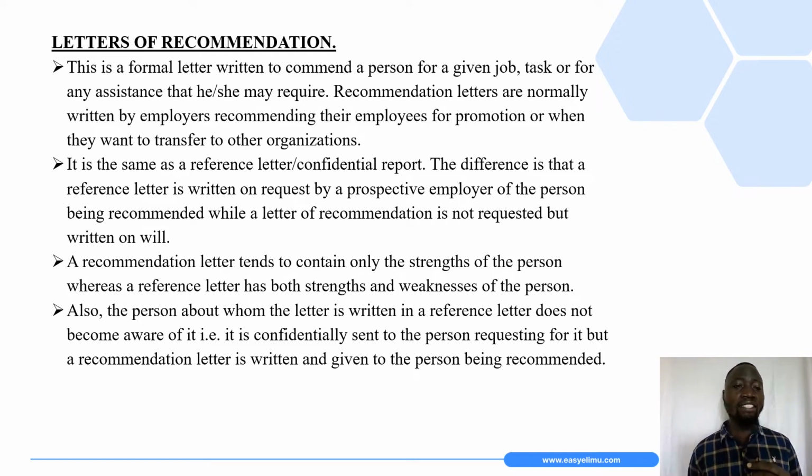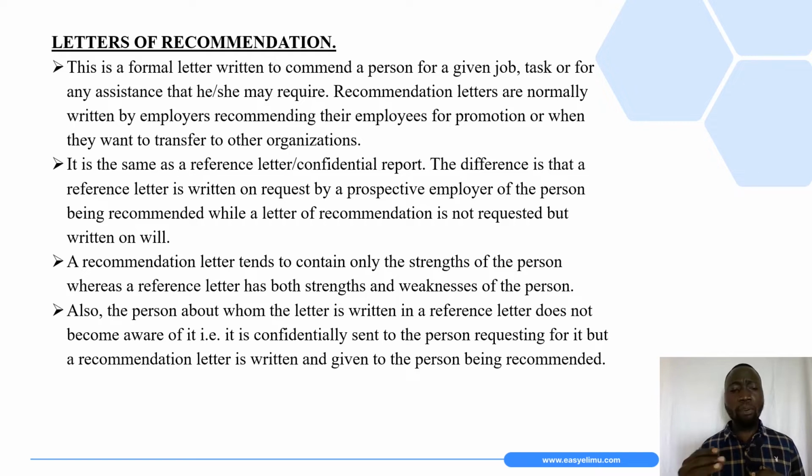Another thing is that a recommendation letter tends to contain only the strengths of a person, whereas a reference letter has both strengths and weaknesses of the person. Also, the person about whom a reference letter is written does not become aware of it. That is, it is confidentially sent to the person requesting it. But a recommendation letter is written and given to the person being recommended.